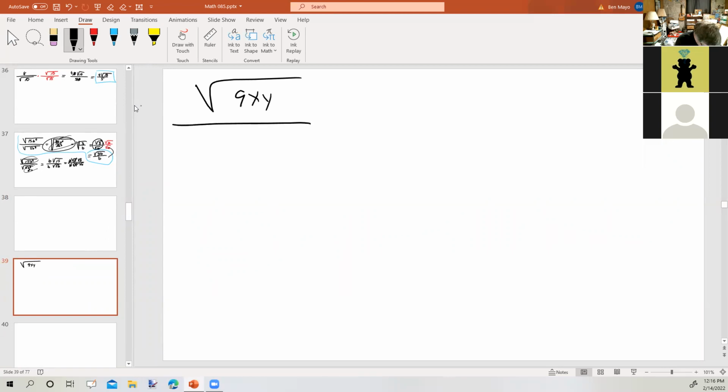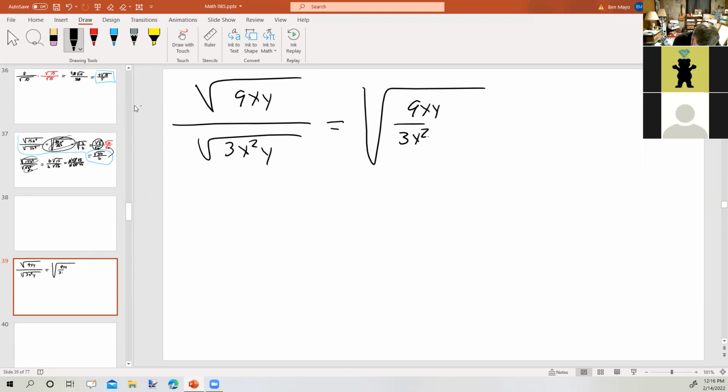The square root of 9x squared over the square root of 3x squared, excuse me, 9xy over the square root of 3x squared y. So that would be the square root of 9xy over 3x squared y, which is, let's see, that reduces to a 3, that reduces to an x on the bottom, and the y's reduce out.